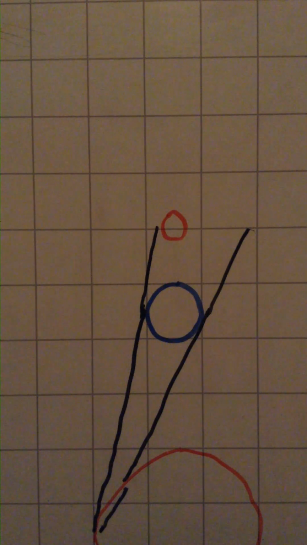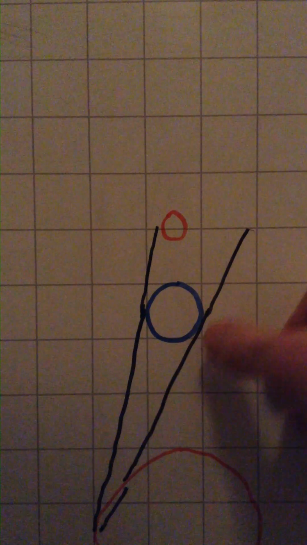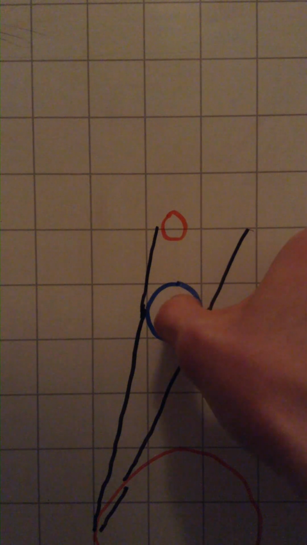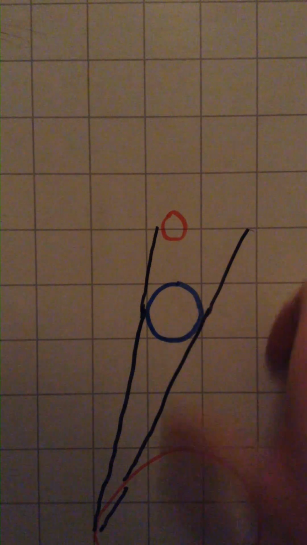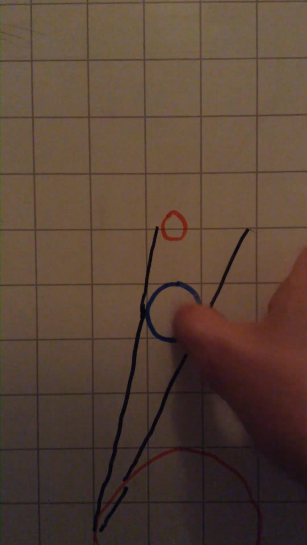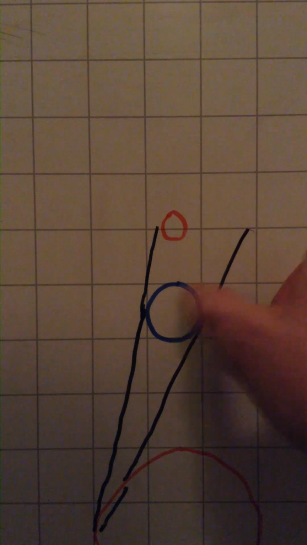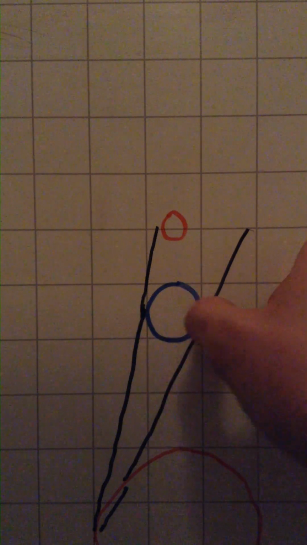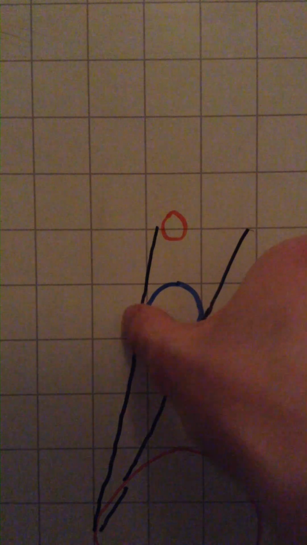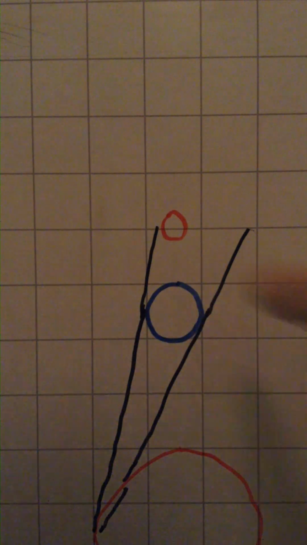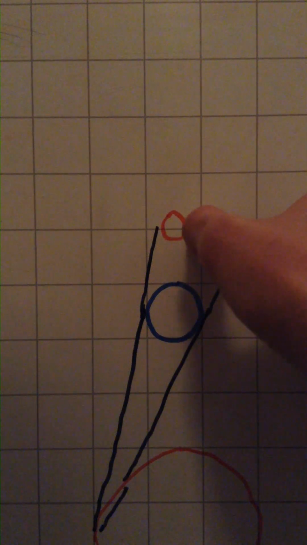We can use this information to find the slopes of these lines, and we know that these lines pass through the points distance to the sun plus Earth's radius in the y-coordinate, and in the x-coordinate they are Earth's radius and negative Earth's radius.